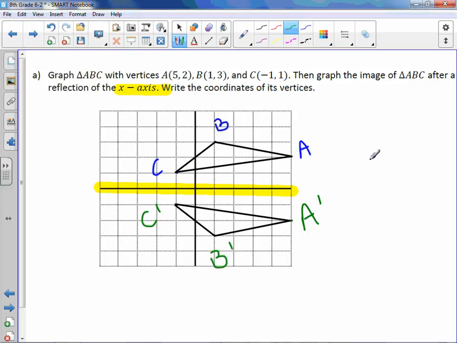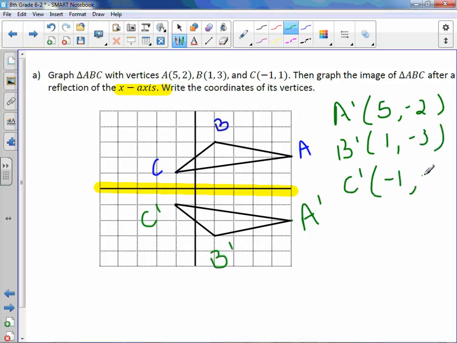Now it says to write its vertices, the coordinates. So A prime, we're looking at (5, -2). B prime is (1, -3). And C prime is (-1, -1).